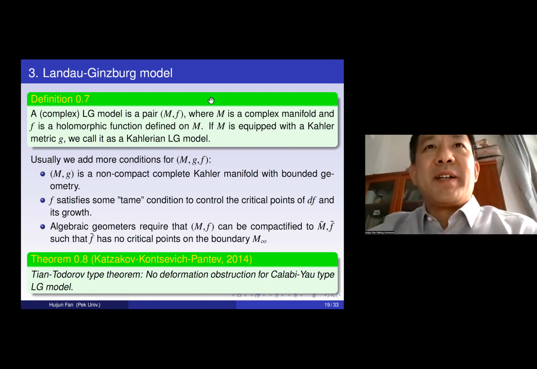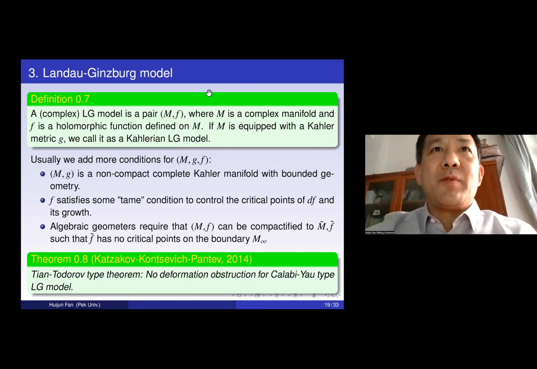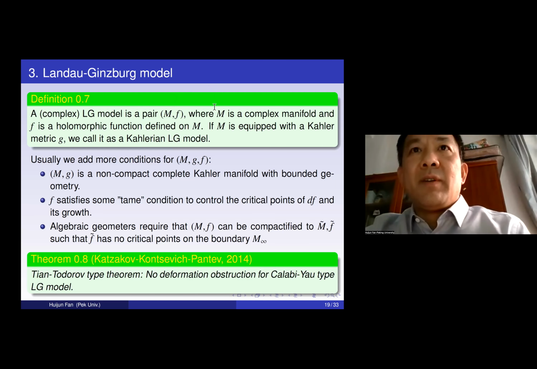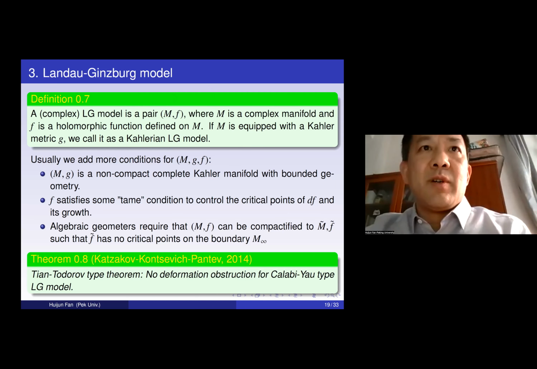So here I just want to persuade you that the LG model is very important in the study of mirror symmetry. But of course, the LG model has its own interest to be studied. So let's give a definition of the LG model. A complex LG model is a pair (M, F), where M is a complex manifold and F is a holomorphic function defined on M. If M is equipped with a Kähler metric g, we call it a Calabi LG model.